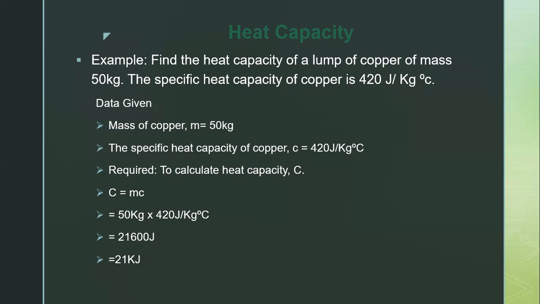So it will be equal to 50 times 420 joules per kg degrees centigrade. So from there you get 21,000 joules, or simply 21 kilojoules. So that's how you can get the heat capacity of a substance.